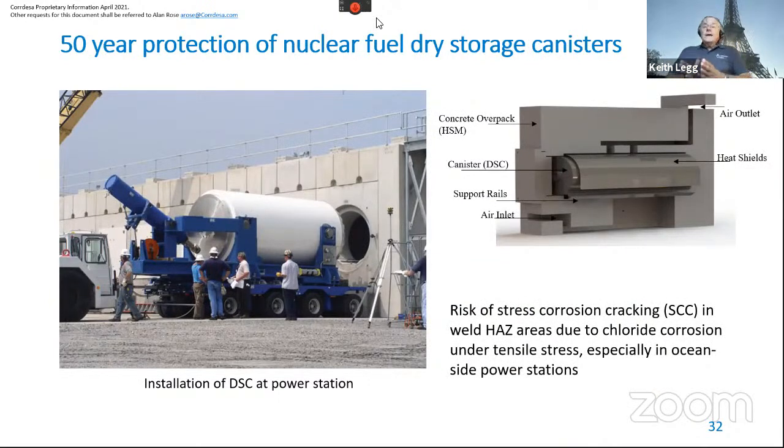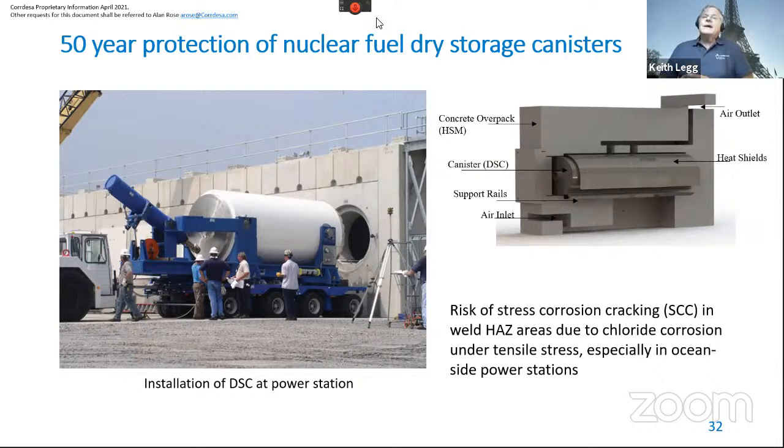So here's another example of another thing that Alan's been working on a lot, which is a dry storage canister for used nuclear fuel rods. Once they're used, they're depleted, they store them in ponds, can't keep on storing them in ponds forever.